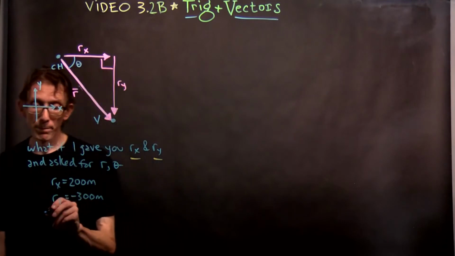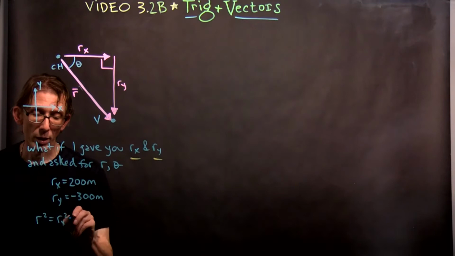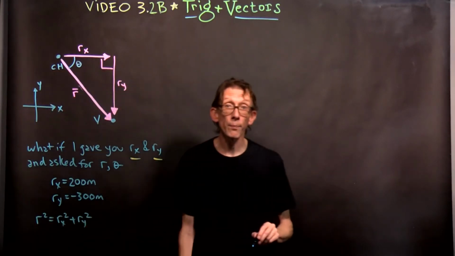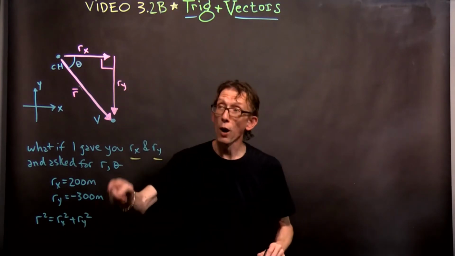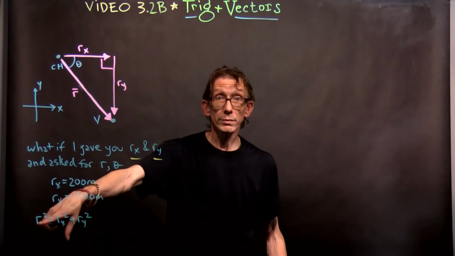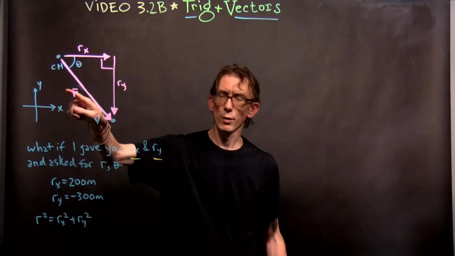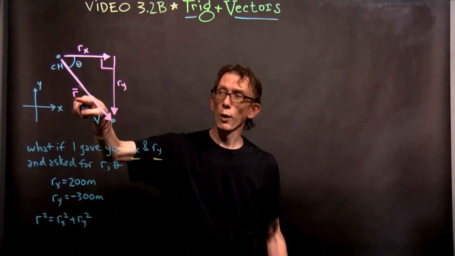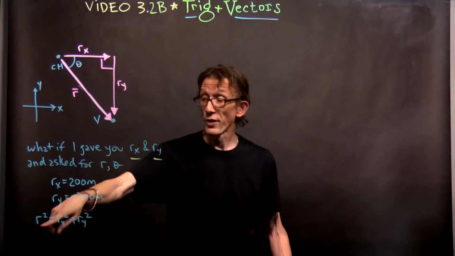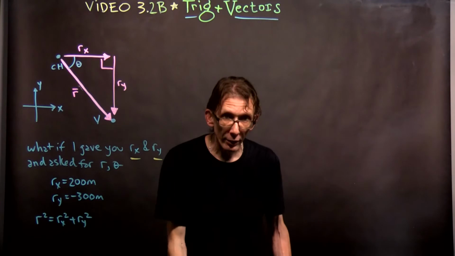R squared is Rx squared plus Ry squared. That's the Pythagorean theorem applied to this. Now notice when I draw an R without the bar over it, notice I put the bar over it here, which is maybe a little confusing. But there's a bar over it here and not a bar over it there. What's the difference? Well, this value here, R without the bar, is just the magnitude of the vector.